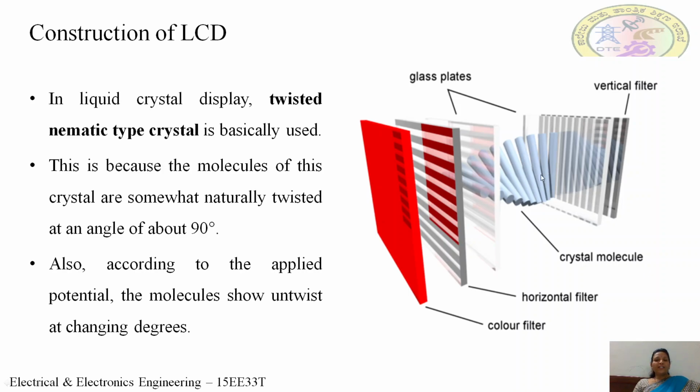So the molecule on the other side and the molecule on this side are twisted by an angle of 90 degrees. And this twisting or alignment of molecules can be changed with the application of electric voltage.